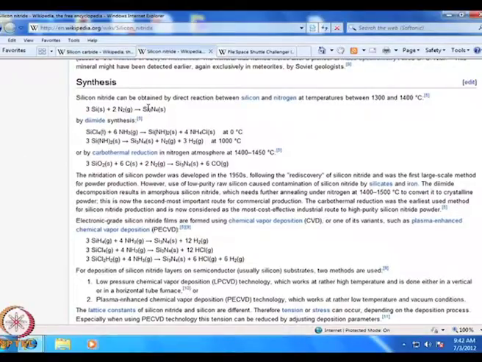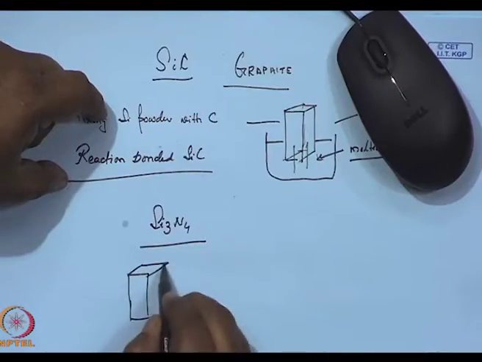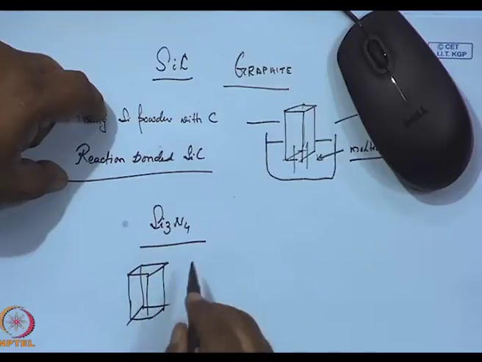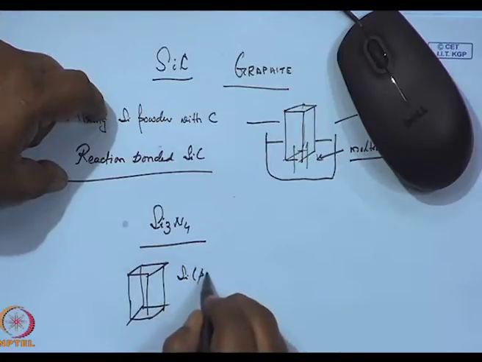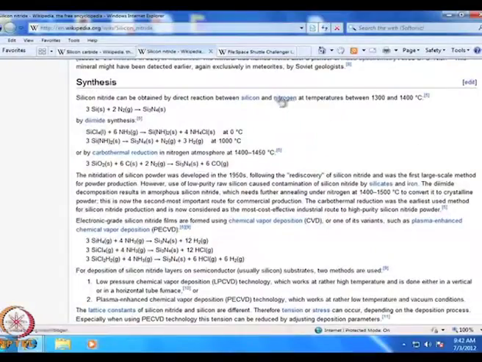You can take silicon and silicon. This is, say, a shape made from silicon powder. As you can see over here, react it with nitrogen and you get silicon nitride.